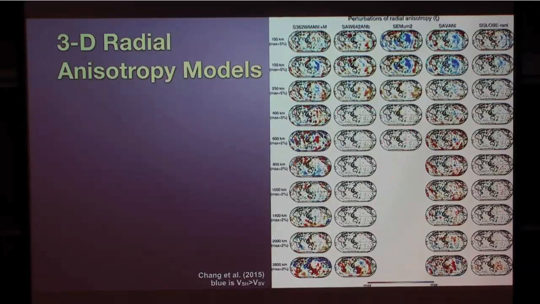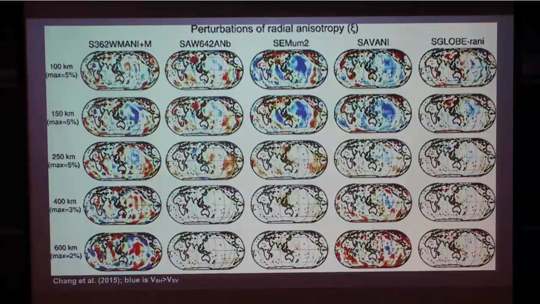But if I zoom in on the top, which is what we're talking about now, you see that even in the shallow mantle, there's still quite a lot of variations among models. And some of it is thought to be due to the crust, the way the crust is handled, but that's probably not the only thing that's problematic.